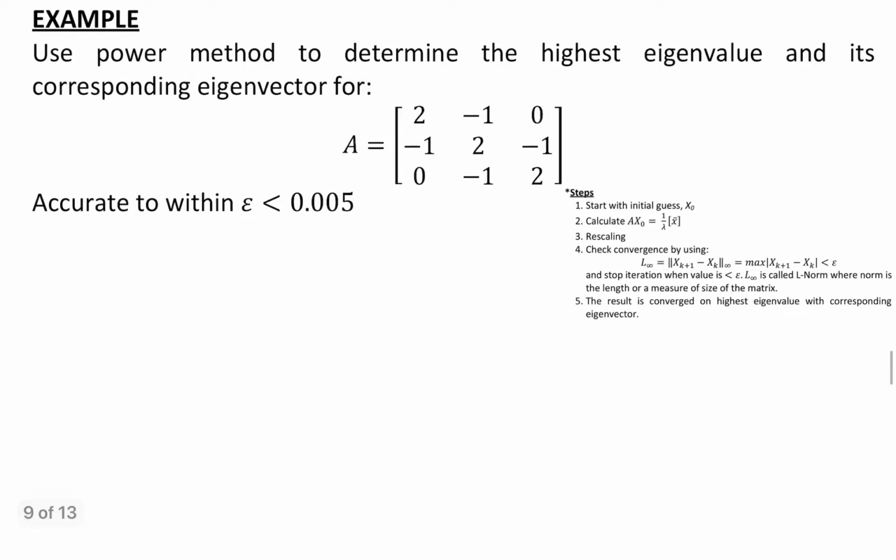Let's straight away look at the example. I've put the steps at the side here so that it's easy for us to do our calculation. The question says, use the power method to determine the highest eigenvalue. That means we will only find one eigenvalue, the highest eigenvalue, and its corresponding eigenvector, accurate to within epsilon less than 0.005.